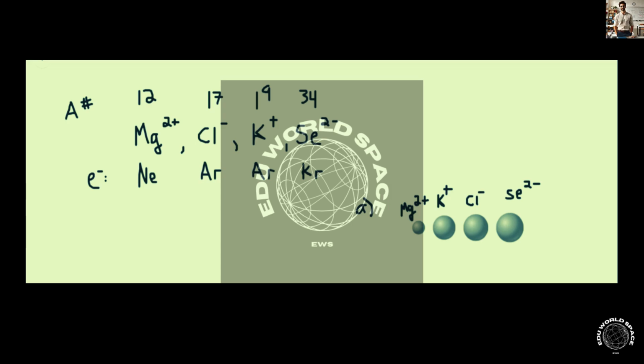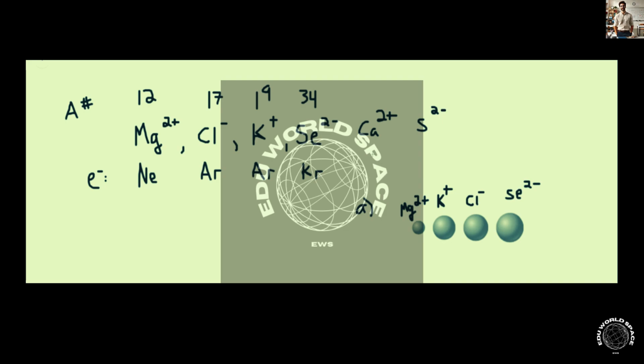And part B says it wants us to consider two other ions. I'm going to list these over here: Ca2+ and S2-.